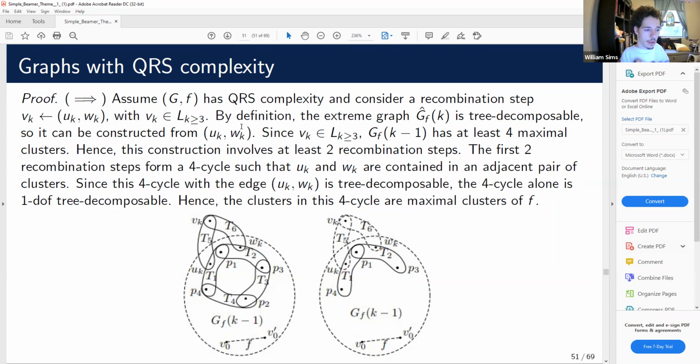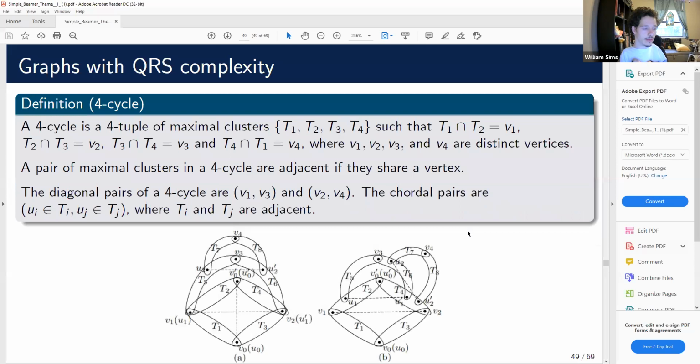Okay. Now, also notice that since V sub k is in at least level 3, the graph that we get from performing the first k-1 recombination steps must have at least 4 maximal clusters. So you can see that from this graph right here. Ignore T1 and T3 because we don't need these. All this is saying is that to get to V4, which is a level 3 vertex, we have to have this construction step.